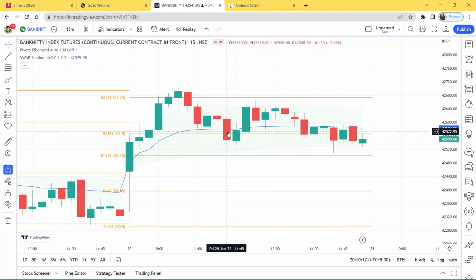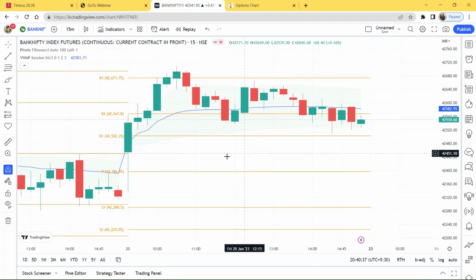Now, what would be our target? Again, for the first 50% position, we will book at a 70 point target, and for the remaining 50% position, the remaining one lot, we will be booking at double of the stop loss, that is 140 points. So let me take you to a few examples of selling trade.